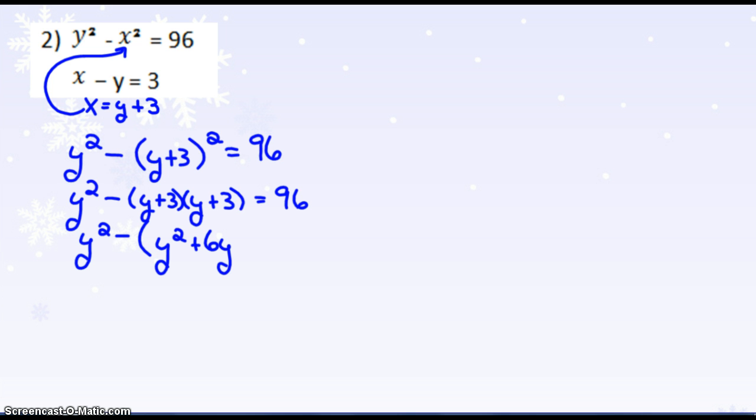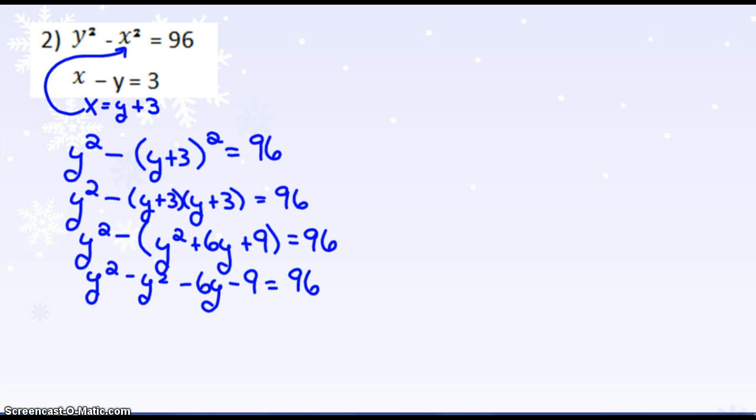So I have y squared plus 6y plus 9 equals 96. And then y squared minus y squared minus 6y minus 9. Distribute that negative all the way through. The y squareds cross out, and you have negative 6y minus 9 equals 96.